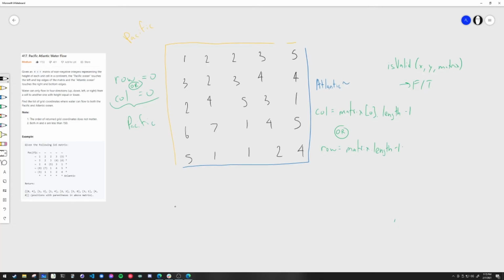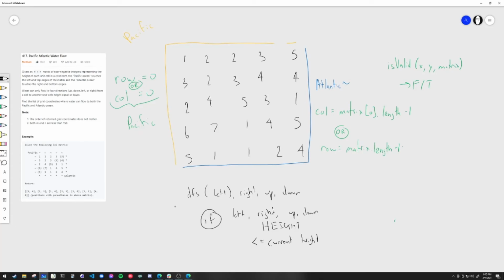Right now, we only do DFS: you DFS to the left, right, up, or down if that height is less than or equal to our current height.